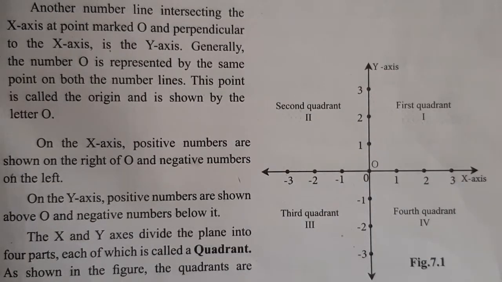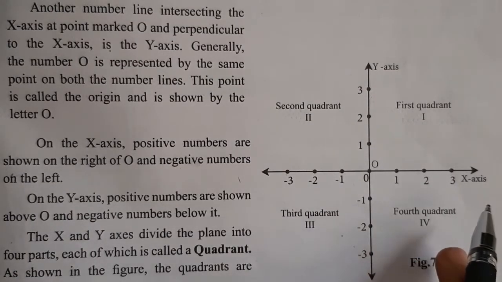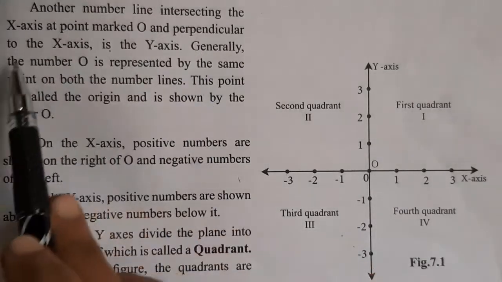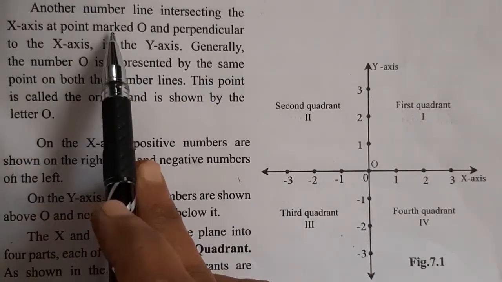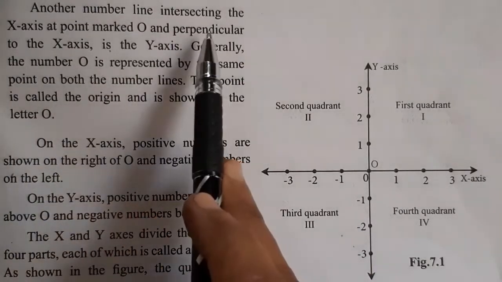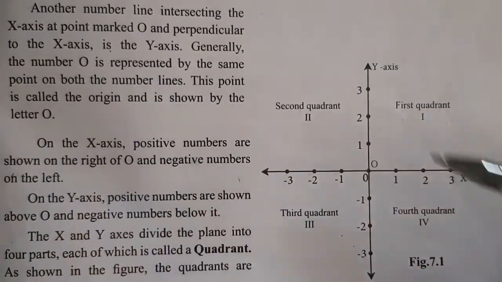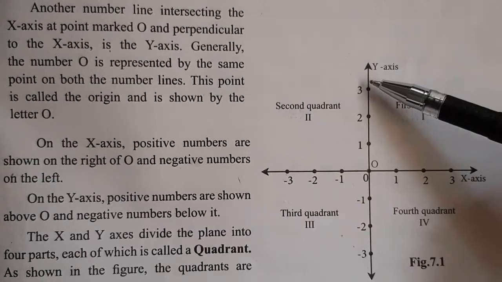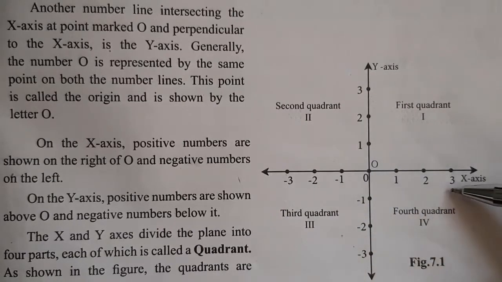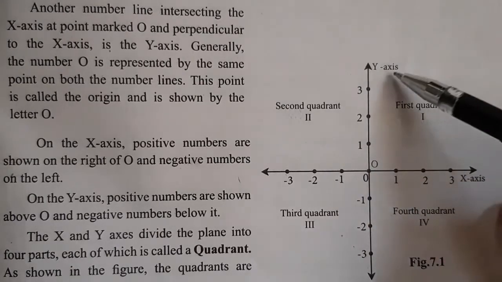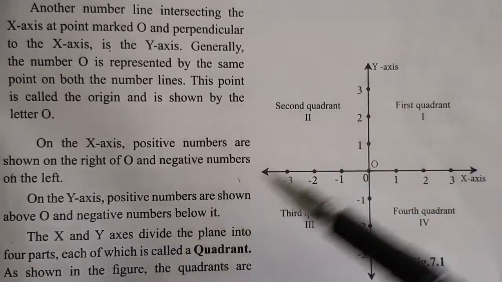Another number line intersecting the x-axis at point O and perpendicular to the x-axis is the y-axis. Look at the diagram.